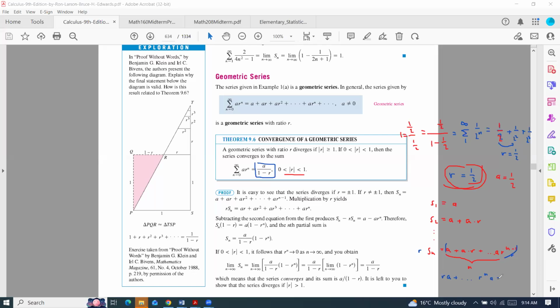But what does make a difference is that I notice I can subtract the terms. So this is my r times Sn. If I subtract from r times Sn the nth partial sum, just Sn, why am I doing it?